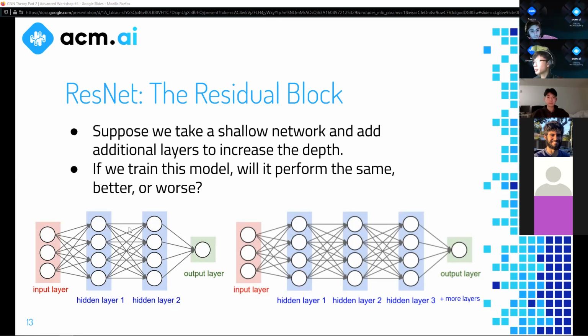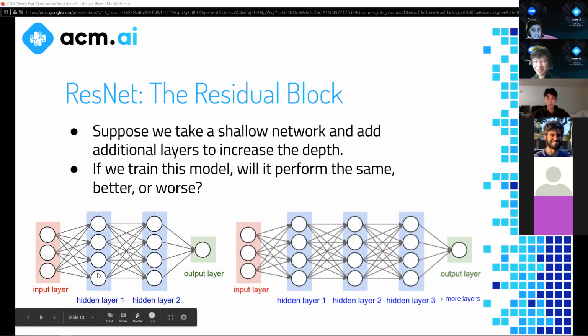If these 2 networks were identical, like the first layer was identical, the second layer was identical, and then we added a 3rd layer, what would the 3rd layer have to do in order to perform exactly the same as the network without the 3rd layer? It's not a trick question. There's a lot of good answers for this.